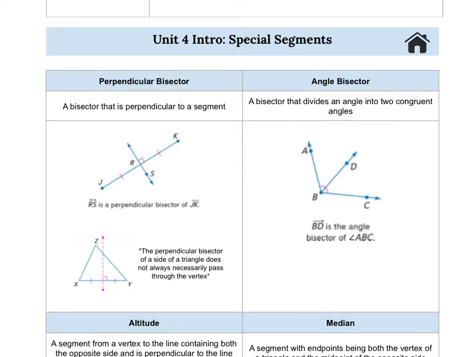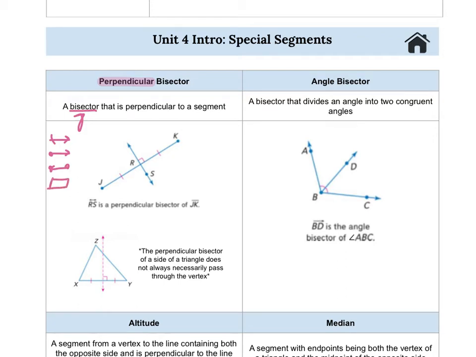Our first one is a perpendicular bisector. We've heard that before in previous units, but today we're going to be diving a little bit deeper into it. Not much though. Remember, a bisector from Unit 1 is either a line, ray, segment, or sometimes a plane.